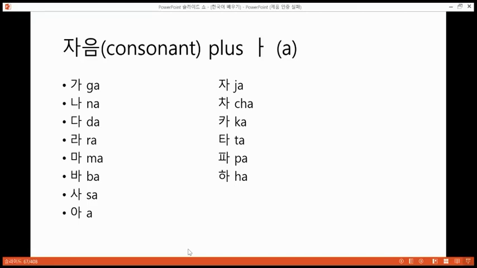So we are going to put the first vowel ㅏ into the 14 consonants. Let's begin with 기역 until 히읗. 기역 is the first consonant and 히읗 is the last consonant. Let's say 가.